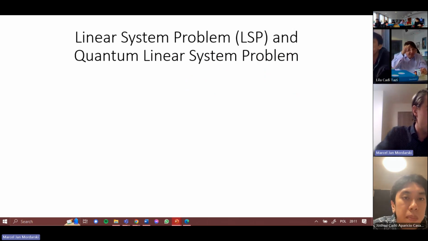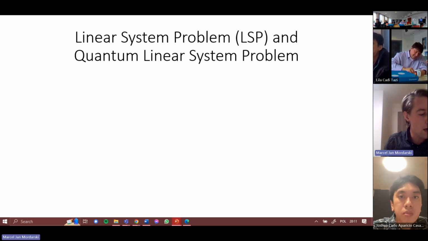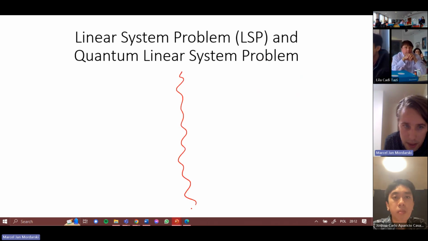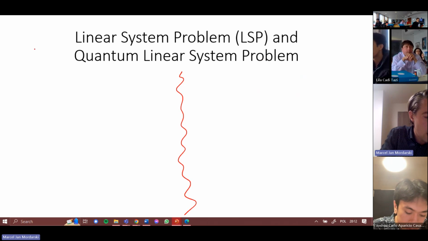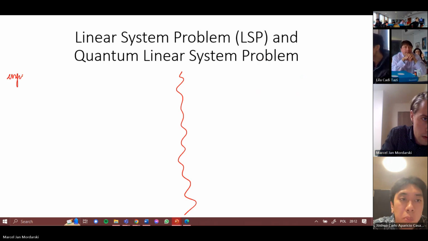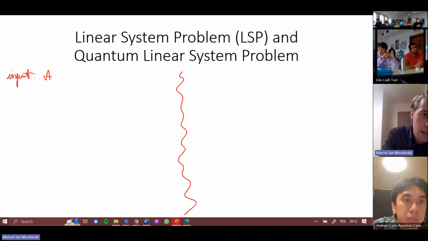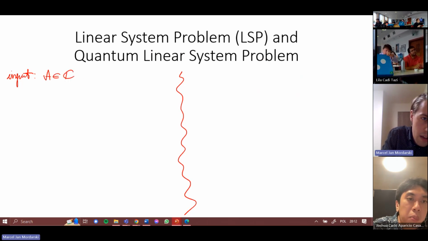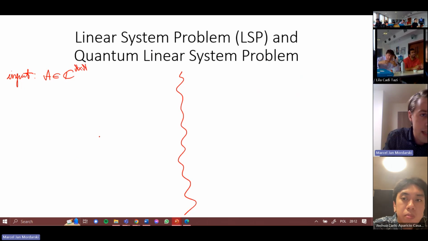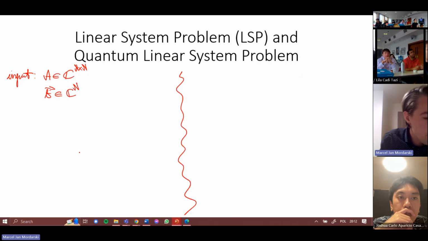So in the primary, they tell us about this classical linear system problem, which could be classified as follows. Let me divide it. As the input, we're given some matrix. In the primary, it's not necessarily with complex entries, but here we can actually use it. And some vector B, also with complex entries.